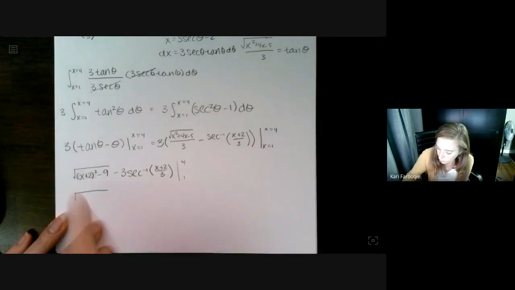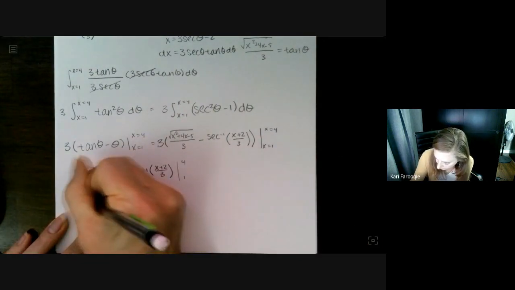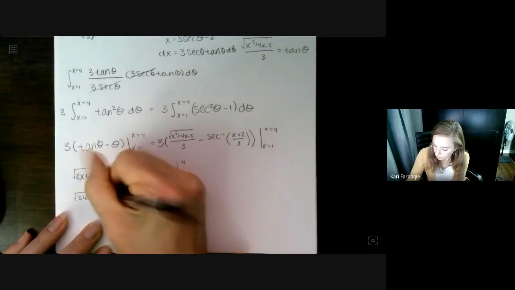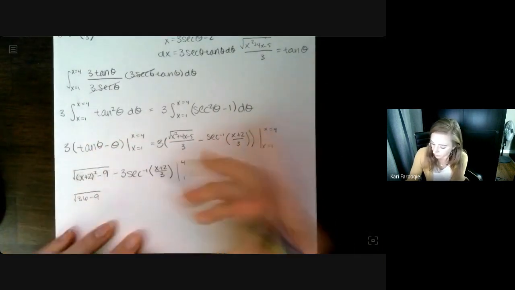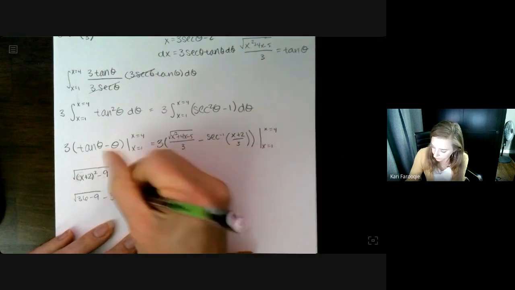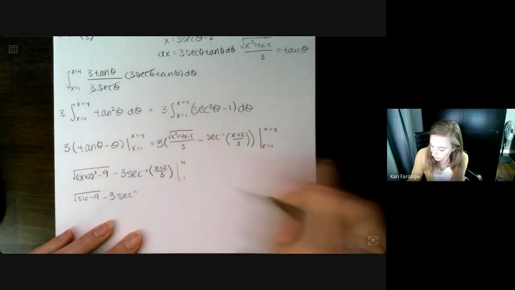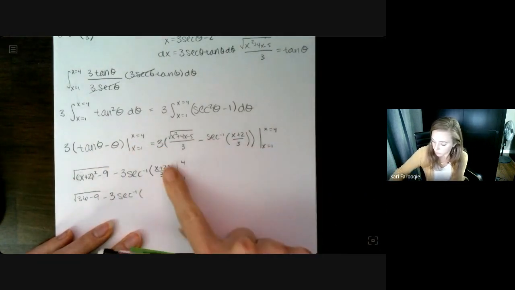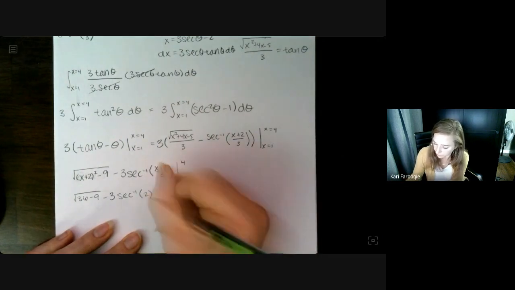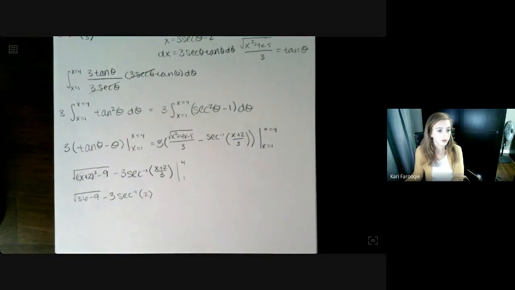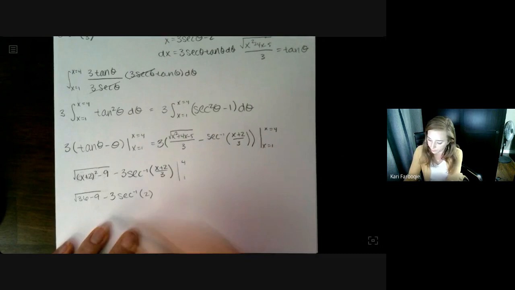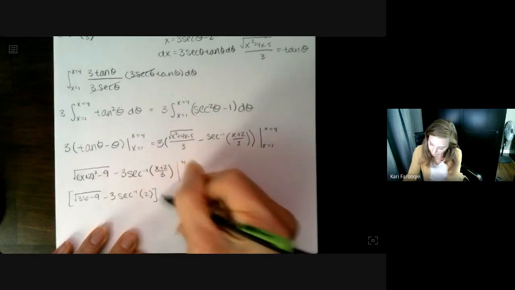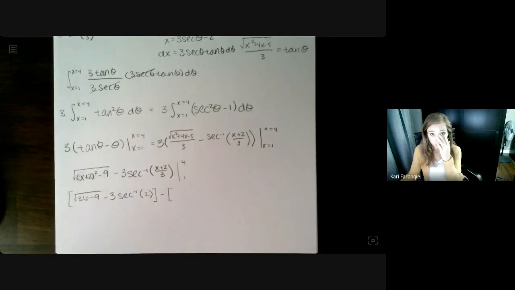So I have the square root of 4 plus 2, which is 6 squared, minus 9, minus 3, times the inverse secant. Well, 4 plus 2 is 6, divided by 3 is 2. And then I'll subtract off the evaluation at the lower limit.